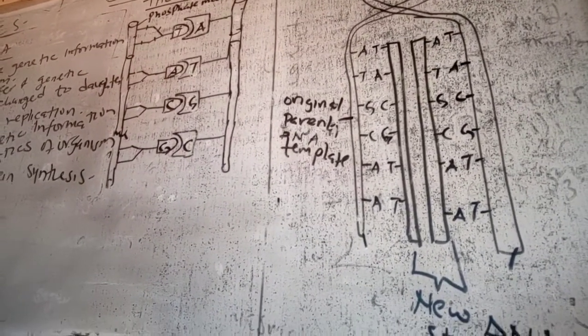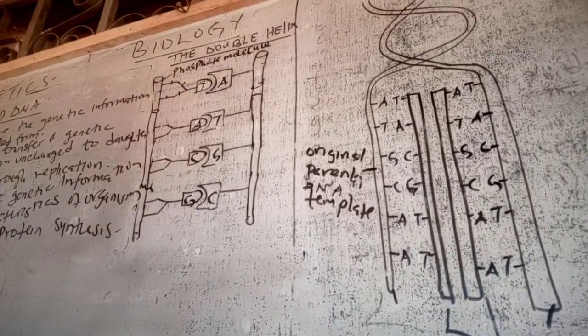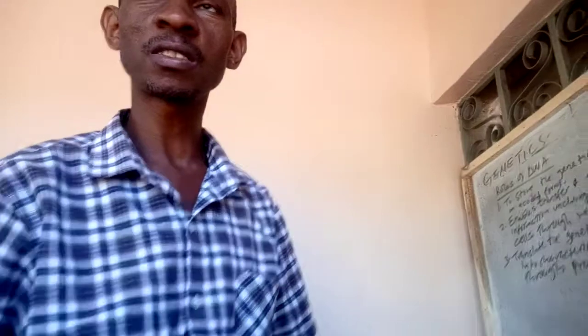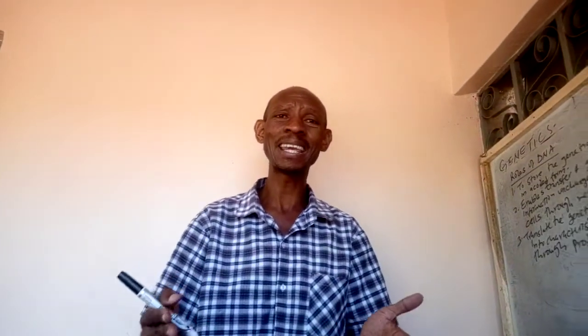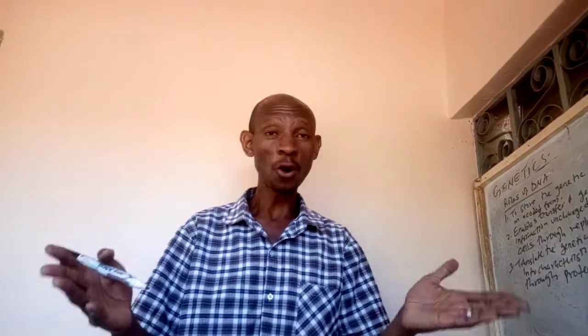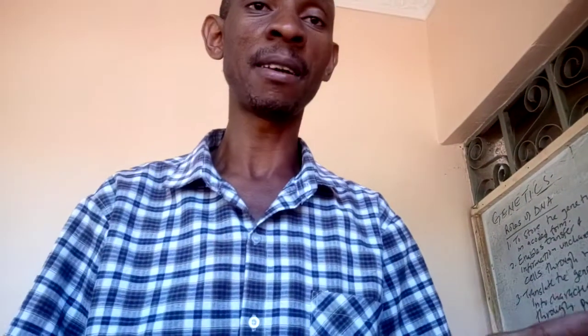Now, I'm going to look at the other aspect of DNA, that is the role of DNA in protein synthesis. Have you ever asked yourself, or do you know, where the DNA is found? If you don't know, DNA is normally confined in the nucleus of a cell.